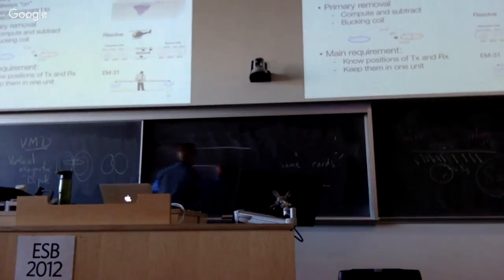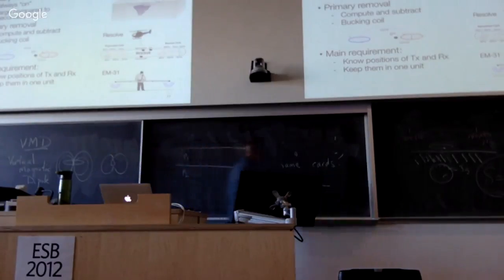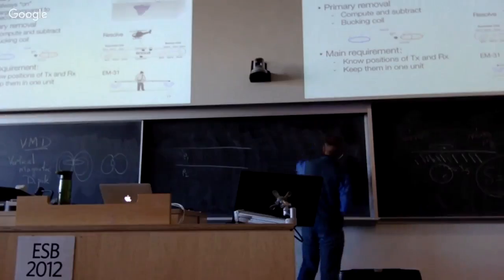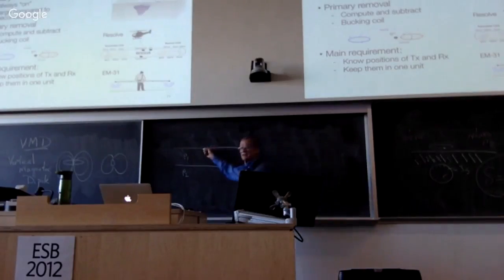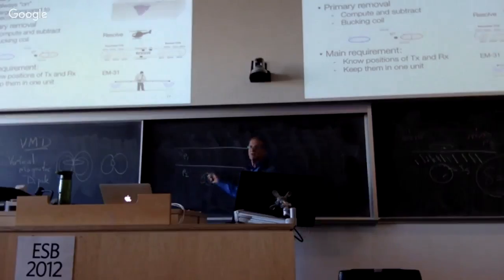So let's suppose I've got an Earth here with rho 1 and rho 2, okay? I've got a system up here, and maybe I want to see something in here, or maybe I just want to detect what this resistivity is down here, and find a particular thickness.